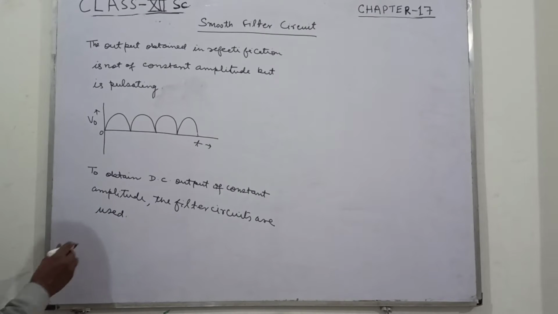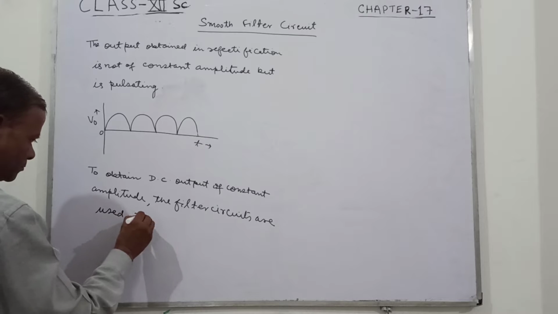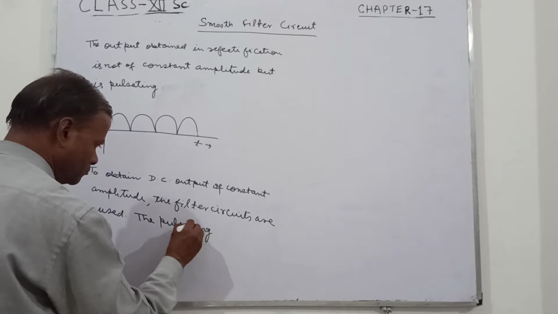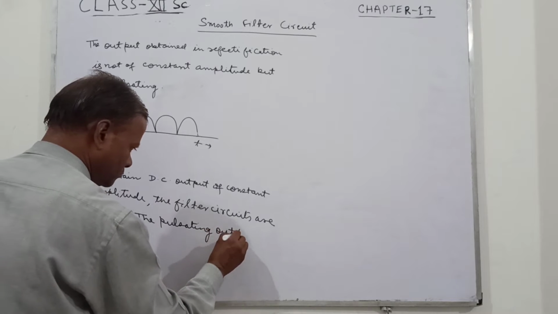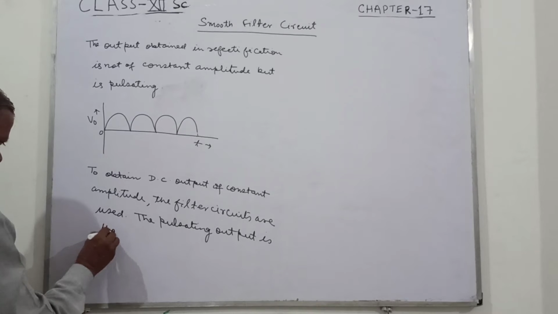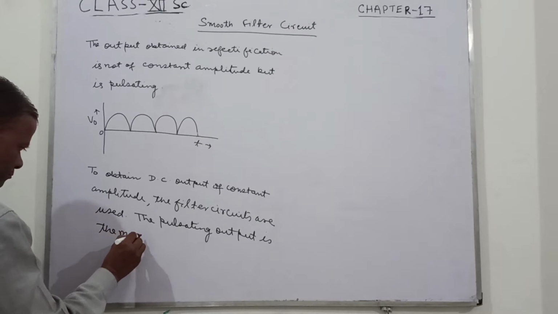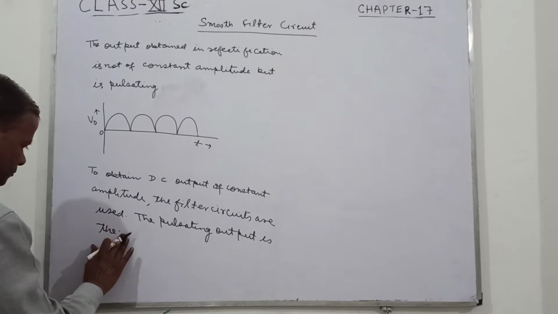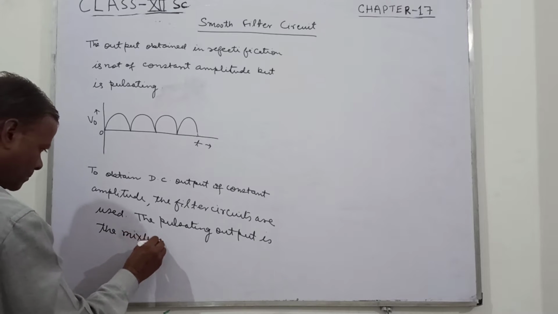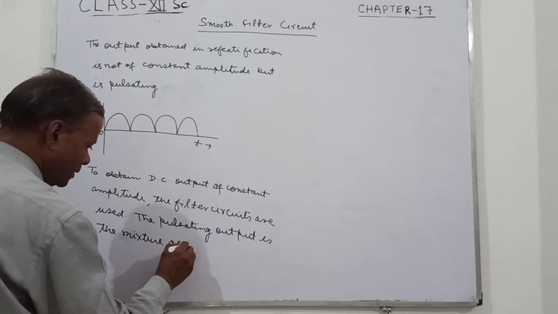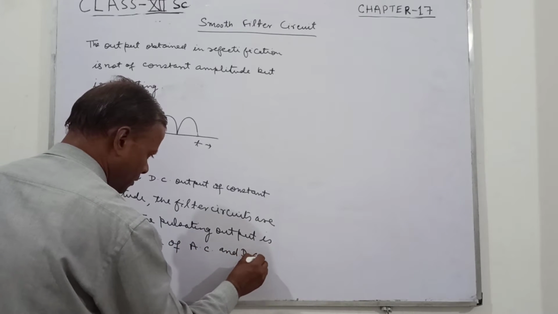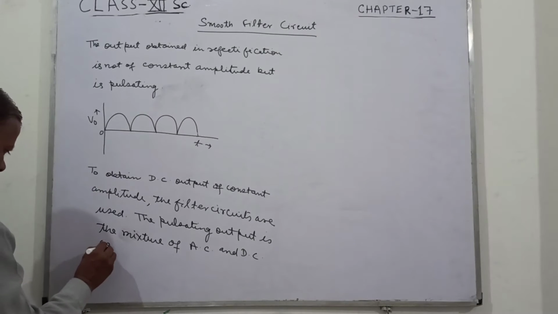The pulsating output is the mixture of AC and DC components.